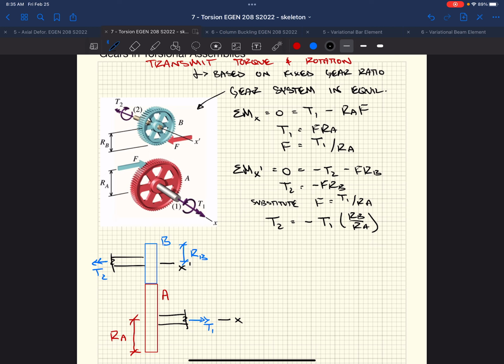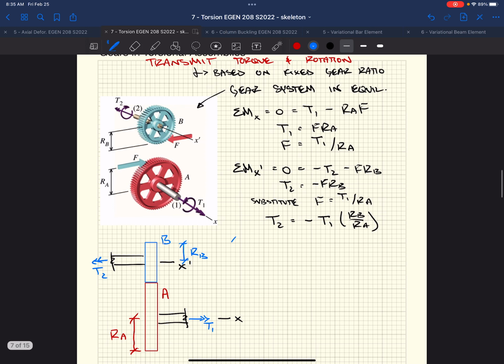So a couple of things you can glean from this. One is the torques are opposite. What does that mean?